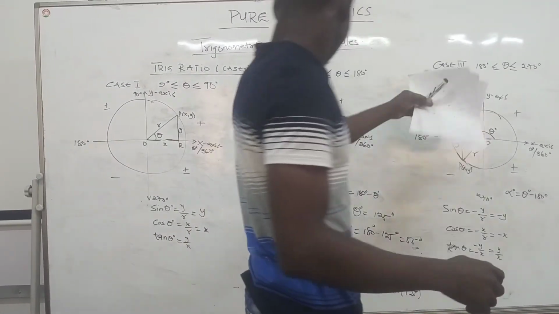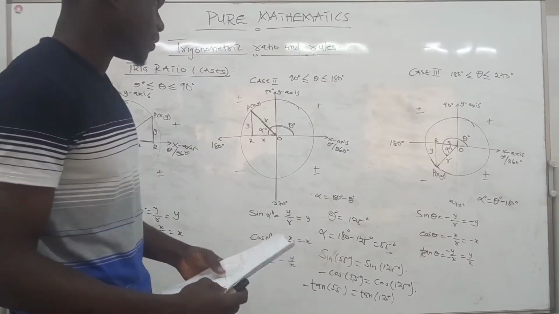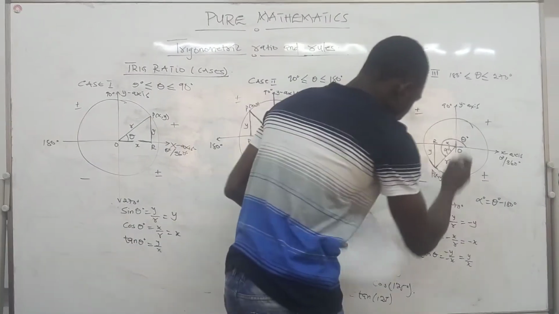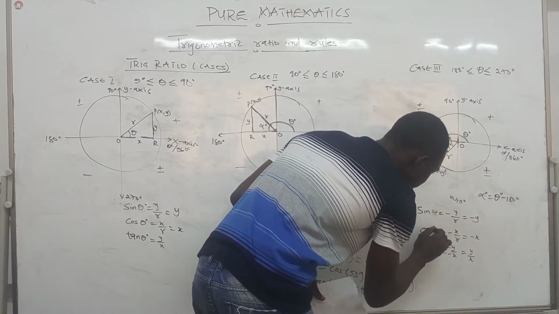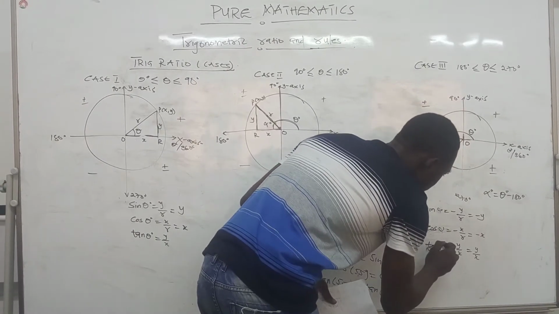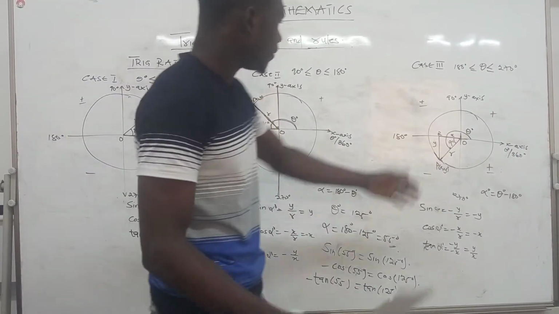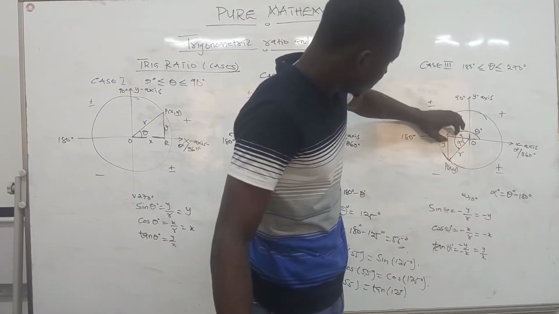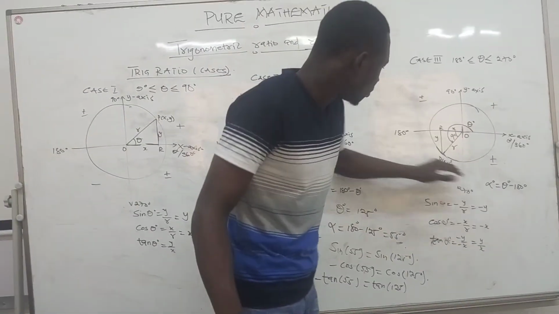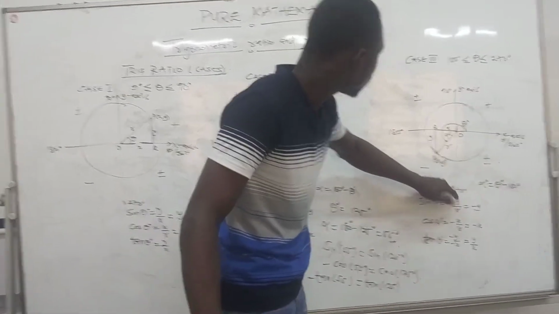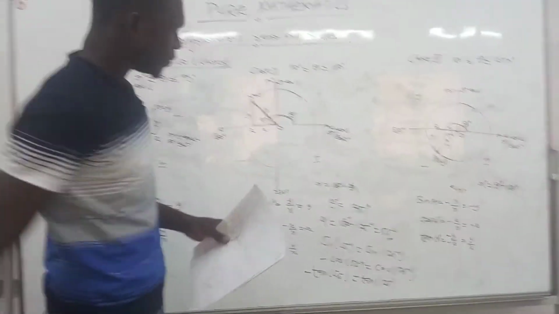Now we are going to consider the case 3, the third case, and in the same way we are also going to consider alpha degrees. And now what can we find over here? We can see that our alpha is forming between 180 degrees and 270 degrees, as it has been written over there.